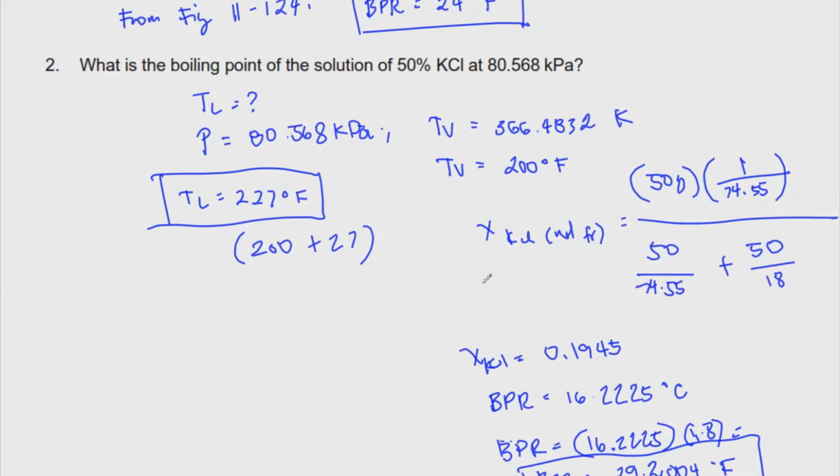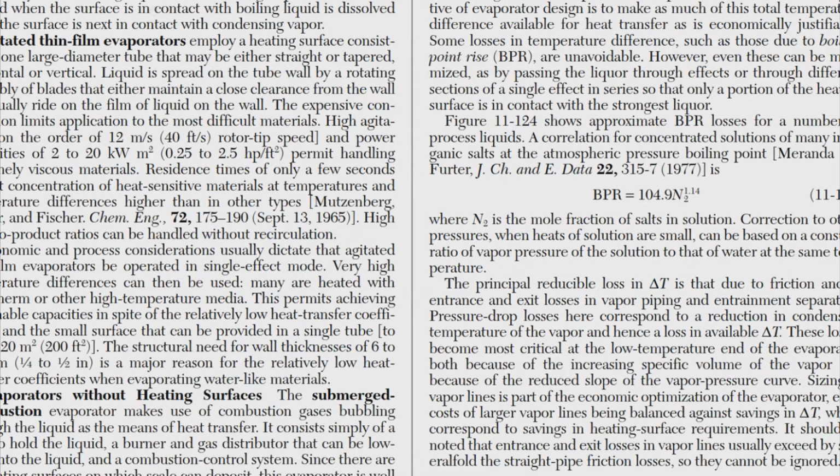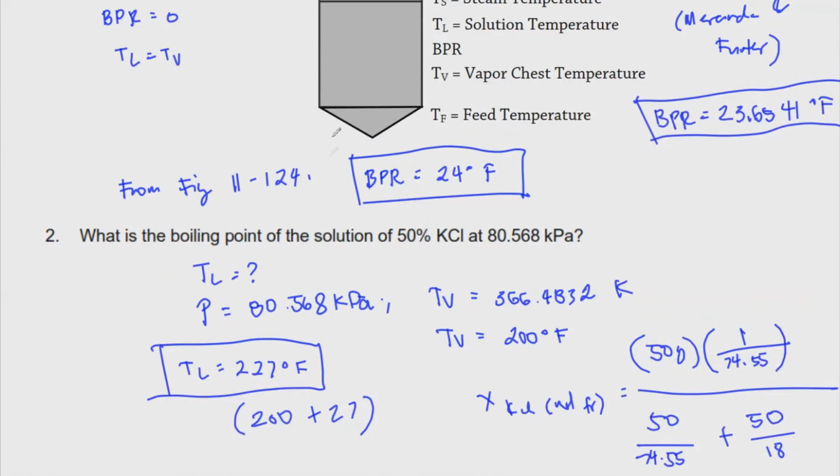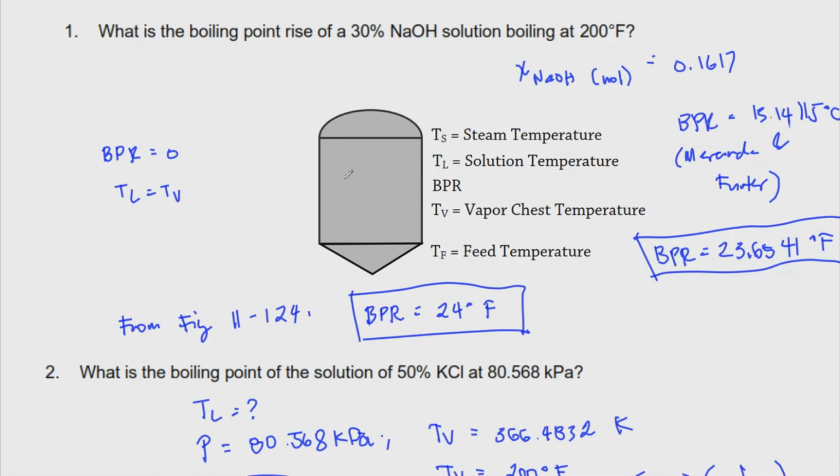I'm allowing this to be used when your atmospheric pressure boiling point is used and the concentration is large. We would say the concentration is large when it's around 30% and above.